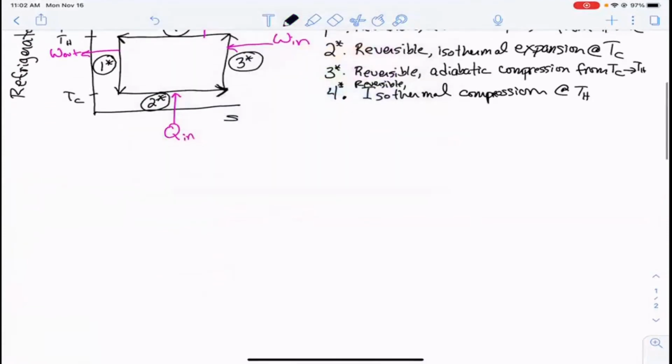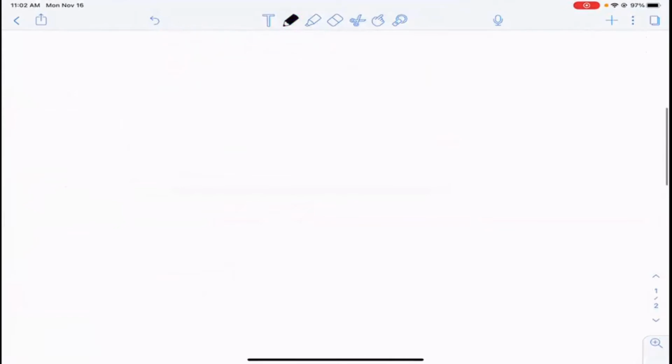But one of the obvious questions when you start to deal with a new system is that we've talked a lot in our class about efficiency of cycles. And so what is the efficiency then of a refrigeration cycle? Well, it turns out that when we've wanted to talk about efficiency in the past, right, that's always been minus the net amount of work that's done over the heat that you've added to the system.